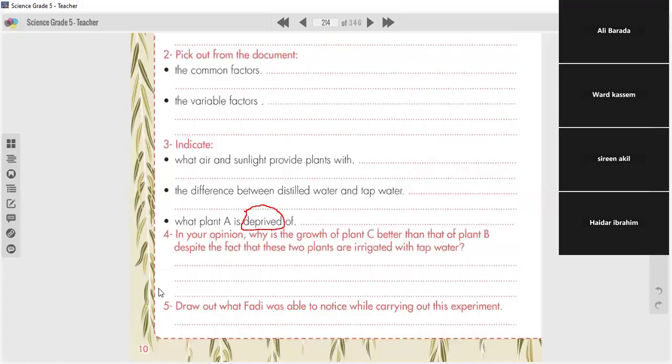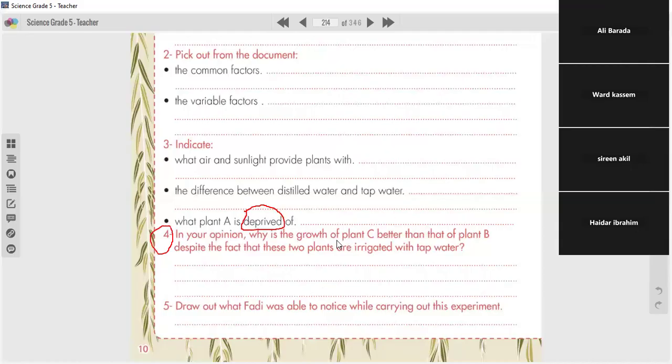Let me ask Haidar Ibrahim. Go ahead, Haidar, number 4. In your opinion, why is the growth of plant C better than that of plant B, despite the fact that these two plants are irrigated with tap water?